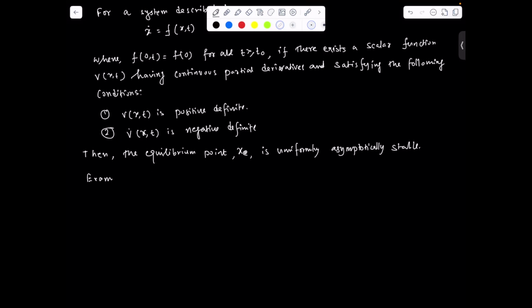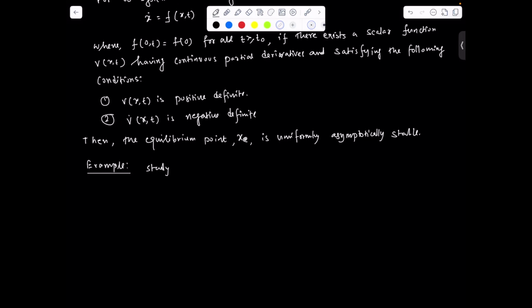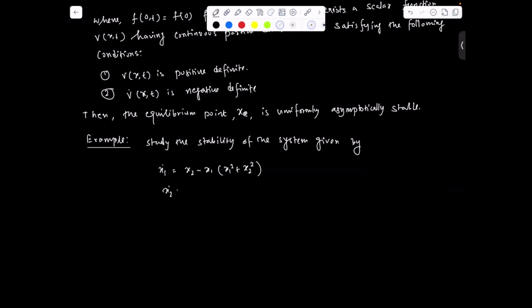Example: study the stability of the system given by x1 dot equal to x2 minus x1 times (x1 square plus x2 square), and x2 dot equal to minus x1 minus x2 times (x1 square plus x2 square).